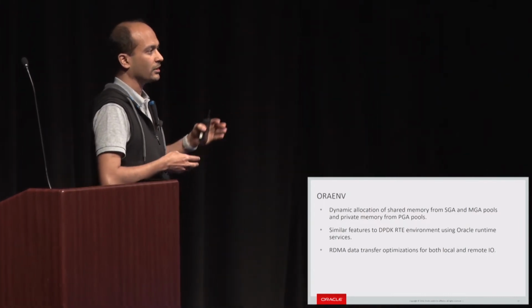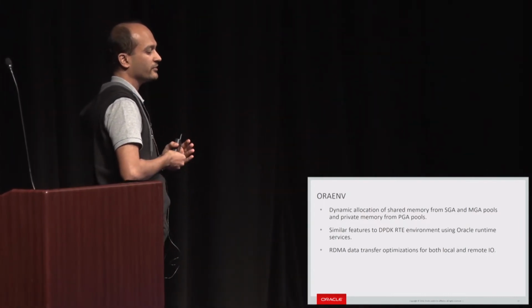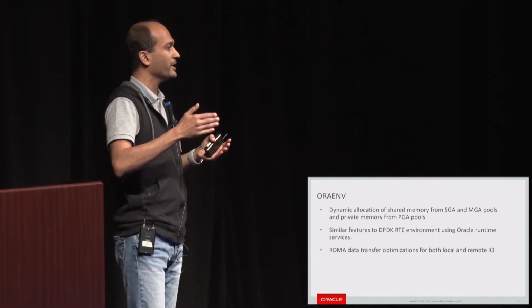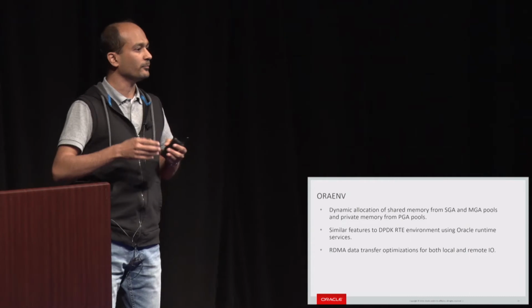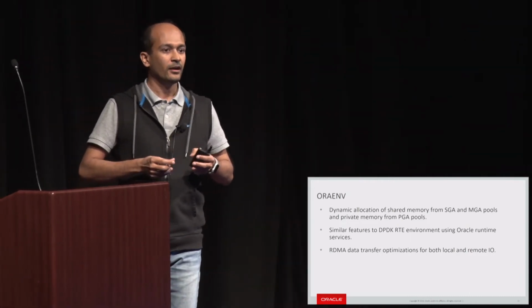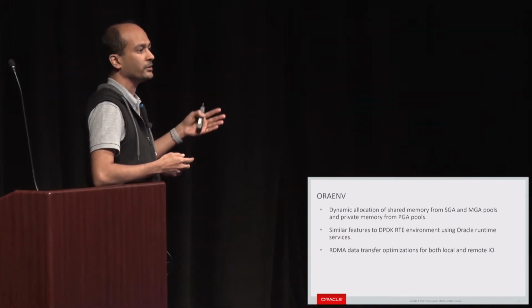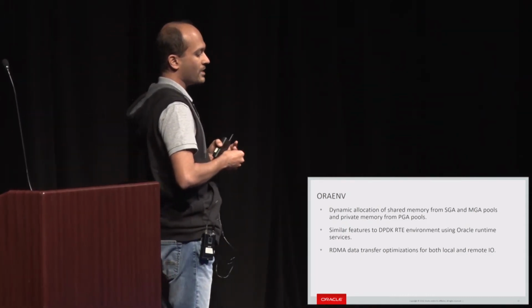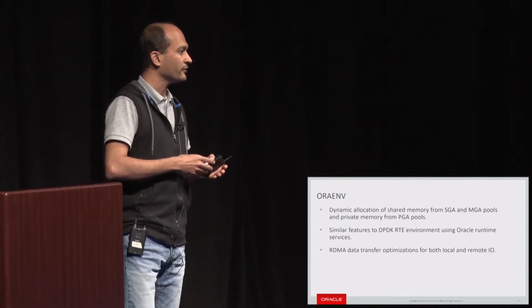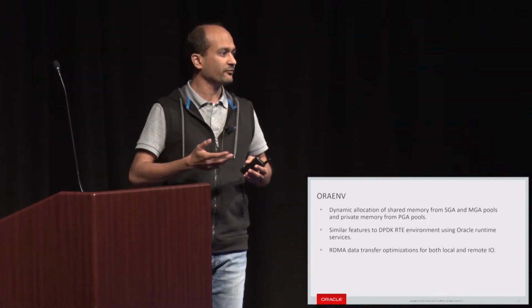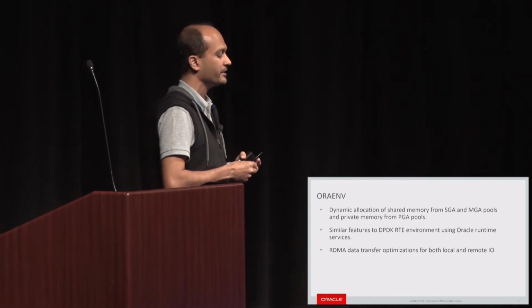I'm going to cover a couple of the important components of this. One is how we do the memory management and how we integrate it with the three pools that we described. There's the SGA and MGA pool, and I'll talk about what our heap allocator looks like as well. We also need to do some of the other functionality that DPDK provides, just to get it to work and for completeness.